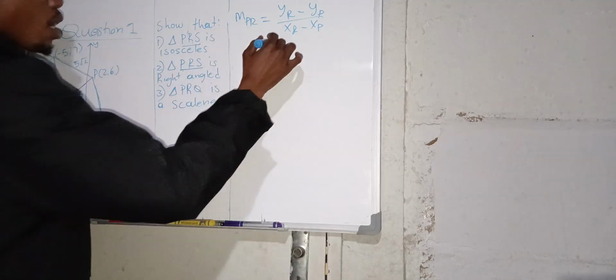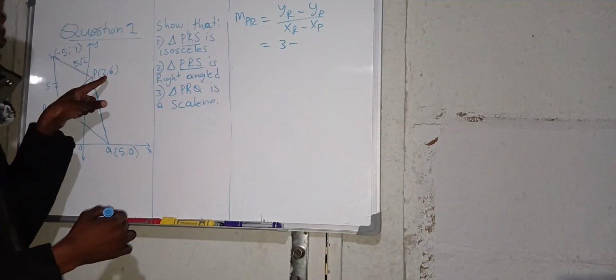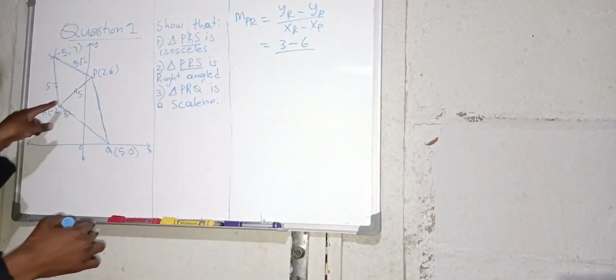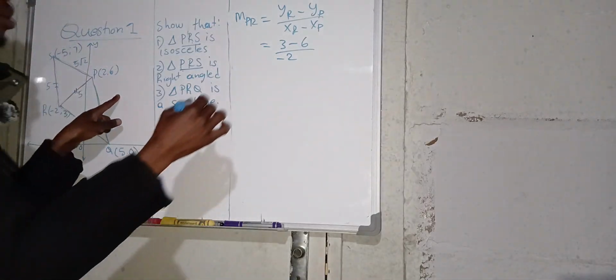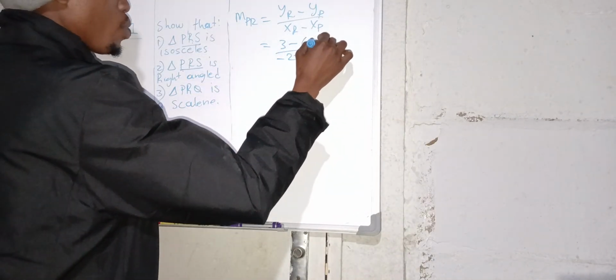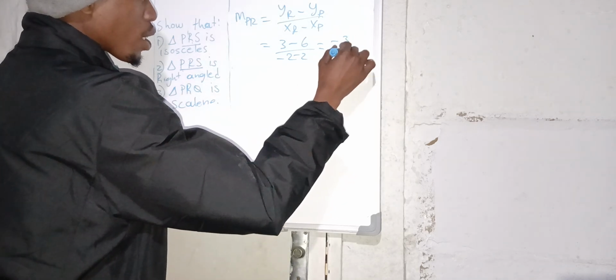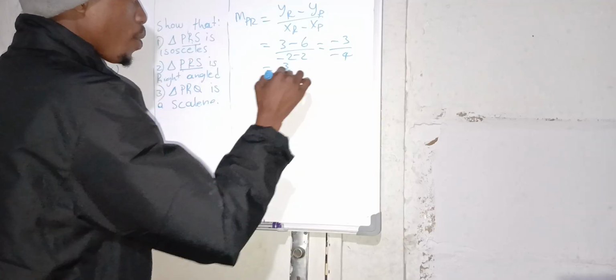It is 3, minus YP, which is 6. XR is negative 2, XP is 2. So on top there, I'm going to get negative 3. In the denominator, I'm going to get negative 4, which is going to give me positive 3 all over 4.